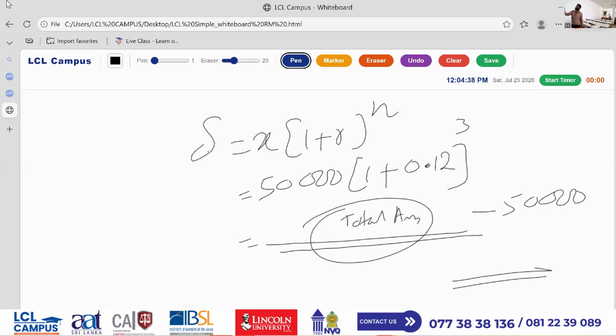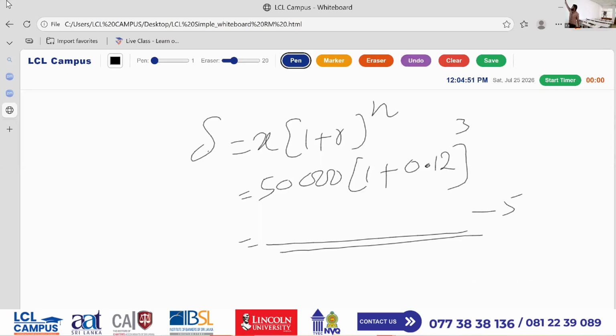But in the question they are asking for the interest, no, therefore from this we want to minus the investment 50,000. Right? Here take S. After that, I equals this one minus 50,000. Then take the answer.